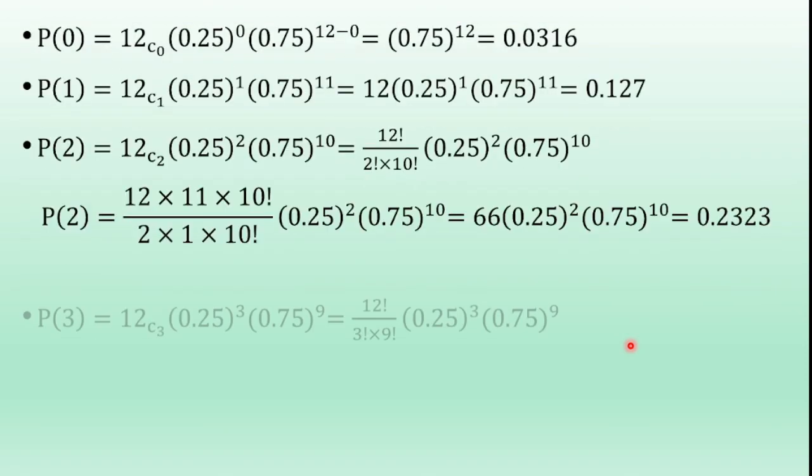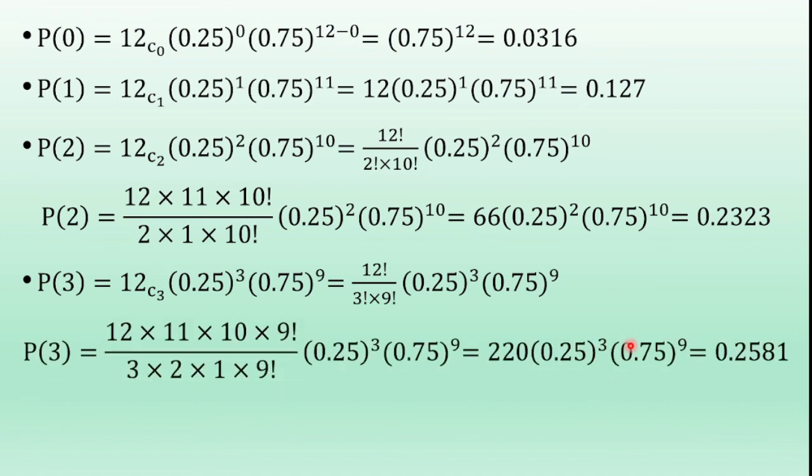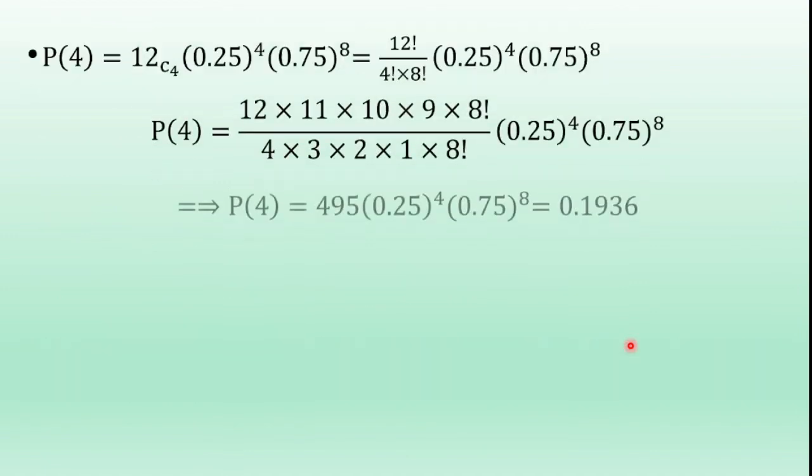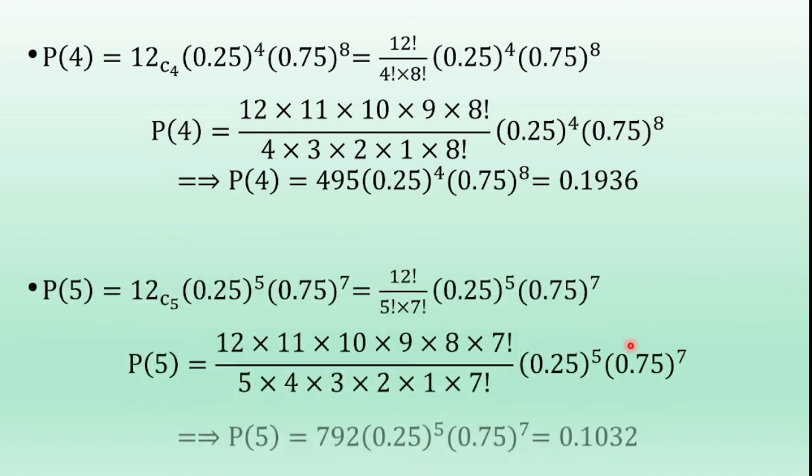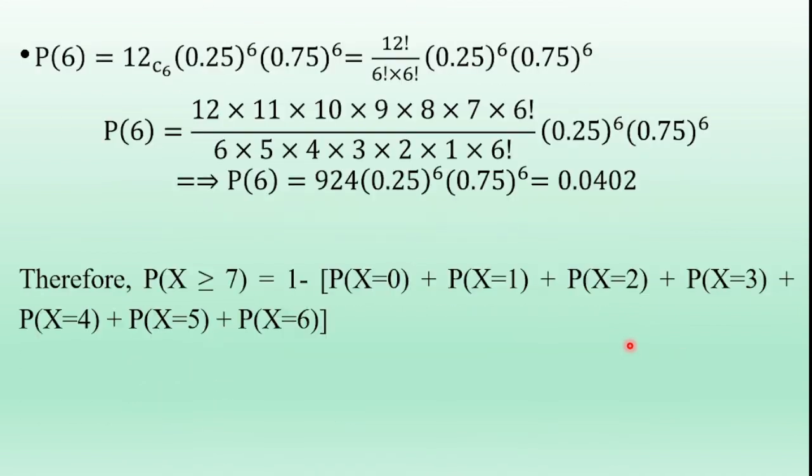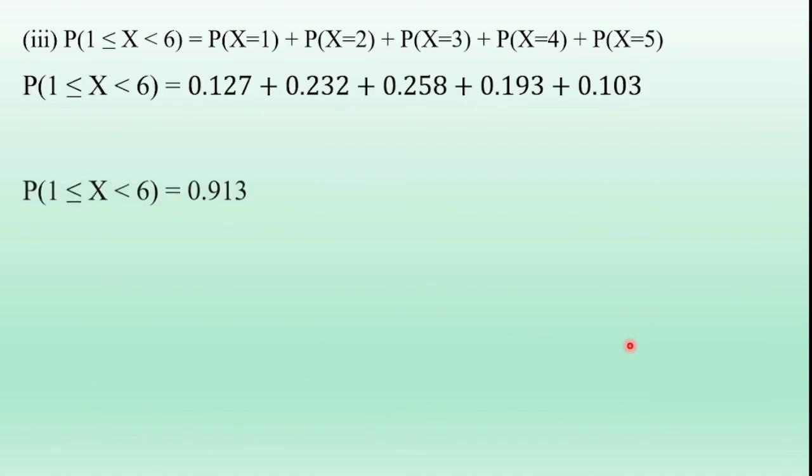Substituting these values into the expression, we get the probability of 1 less than or equal to x less than 6 as 0.913.